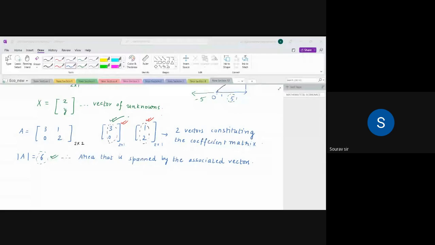Any matrix which has one row or one column is known as a vector. For example, if I write 1 comma 2 as a column, this is a column vector, and if I write it as a row, 1 comma 2, this is my row vector.